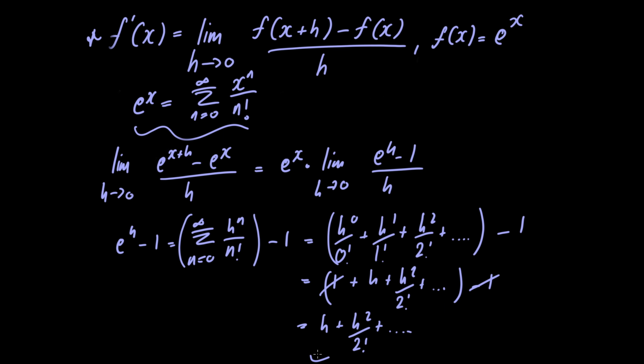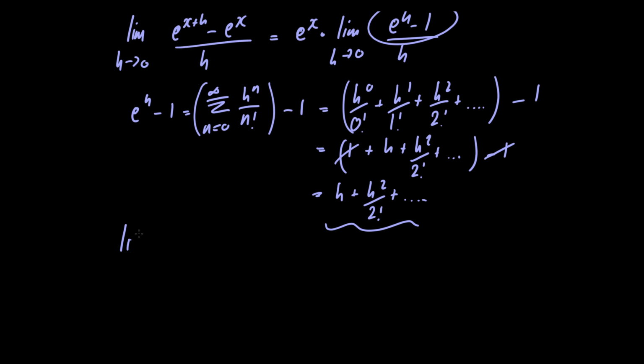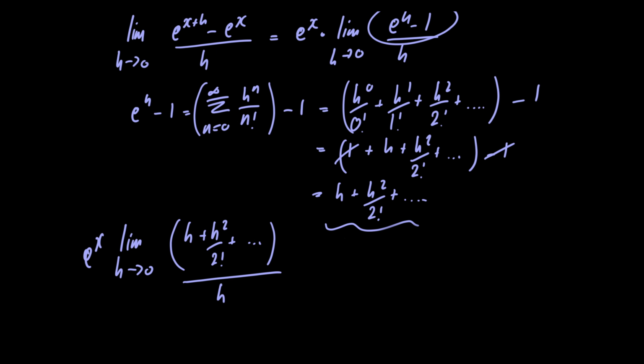So let's go ahead and substitute this into the limit here for e raised to h minus 1. This gives us the limit as h approaches 0 of h plus h squared over 2 factorial, and so on and so forth, all divided by h, multiplied by e raised to x. Now what we can go ahead and do is factor an h out of the numerator.